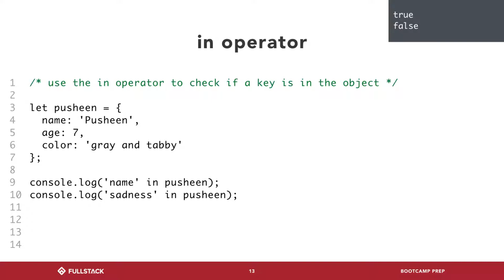You have a string, and you ask, is this string in this object? You can think of it as taking every key in the object, making it into an array, and searching that array for your key's name. So it's a more precise way of checking if the key exists in an object.